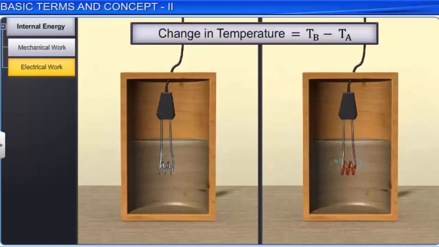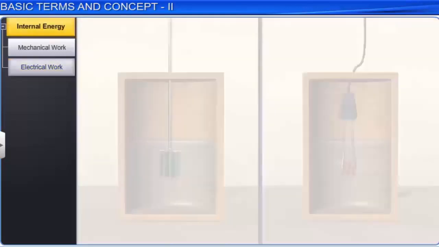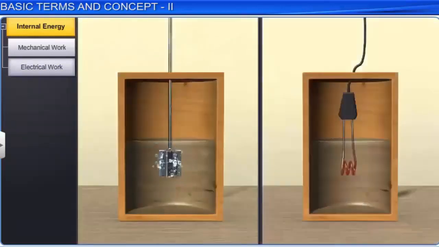Hence, the change in internal energy, delta U, is equal to UB minus UA. Thus, internal energy changes to the same extent either by doing mechanical work or electrical work, which indicates that it is independent of the manner in which the change is brought about. Therefore, internal energy is a state function.